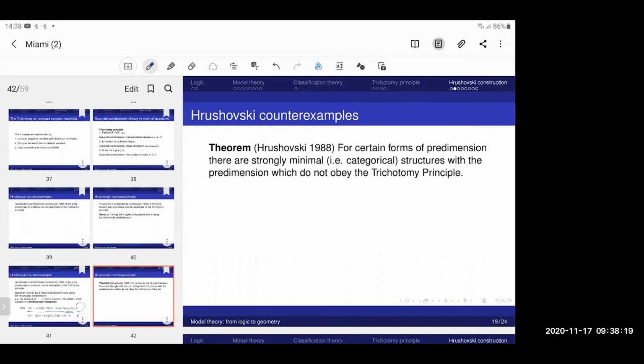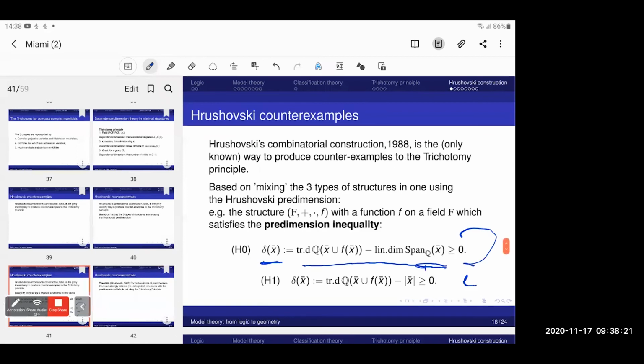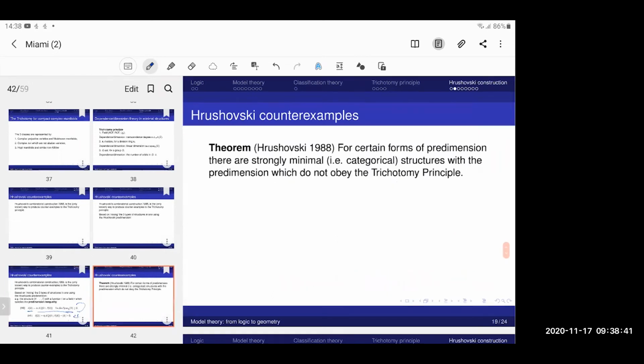So the condition mentioned in this Hrushovski theorem works well with the second example, and does not really work with the first example.